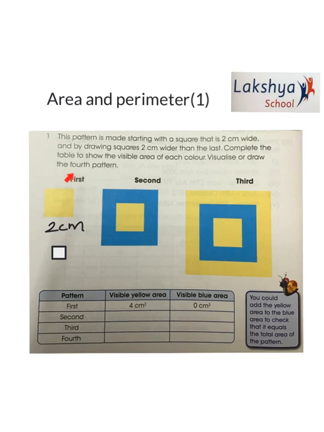Visualize or draw the fourth pattern. First, second and third patterns are already done for you. Let's check this. We know that the area of this yellow is 2 into 2, that is 2 centimeter into 2 centimeter, giving me 4 centimeters square.